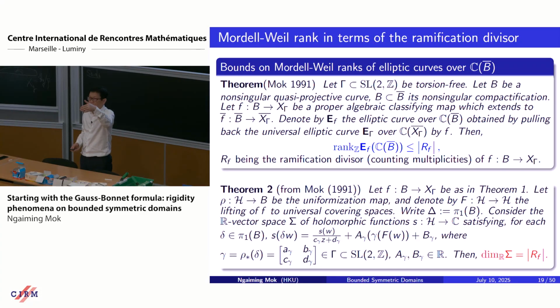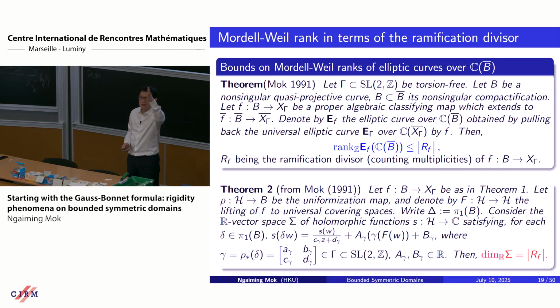You may call these multi-valued sections. You can compute this number, and it is exactly given by a number which is determined by the classifying map. You have a map from a base B into X gamma. And then you have the ramification of this map, and the size is precisely equal to the ramification.